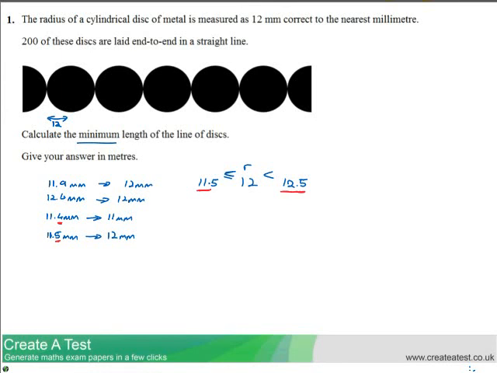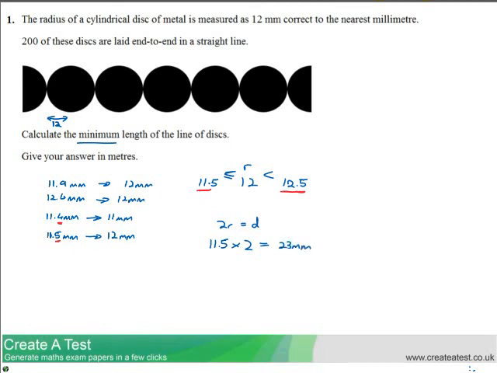Now the radius of the disc is 11.5 as a minimum. The diameter of a disc is therefore, if we times it by 2, because 2 times the radius gives us the diameter, 23 millimetres.